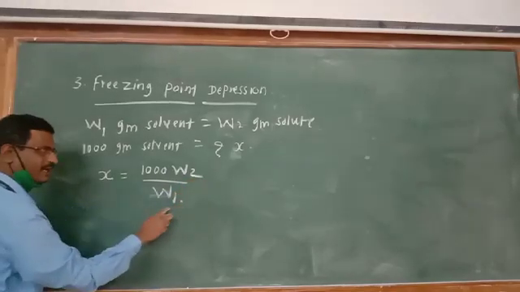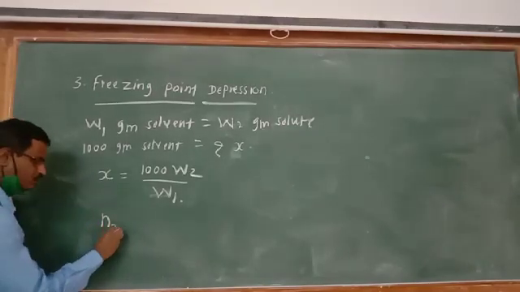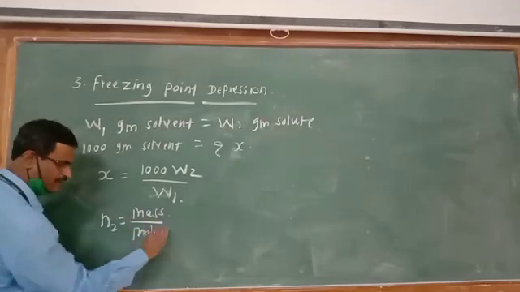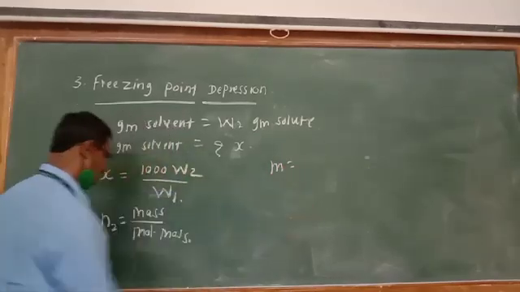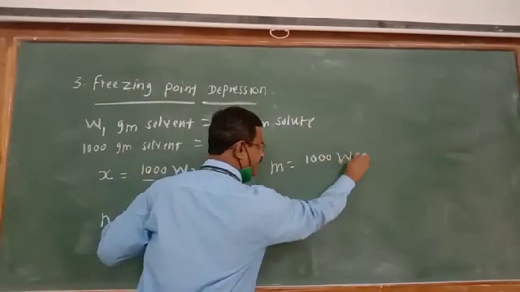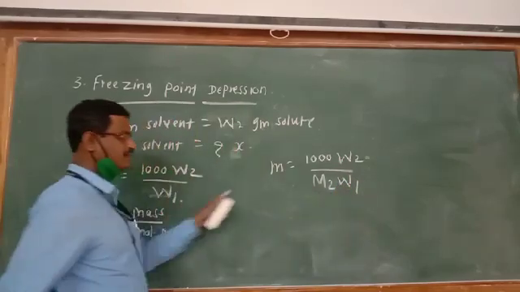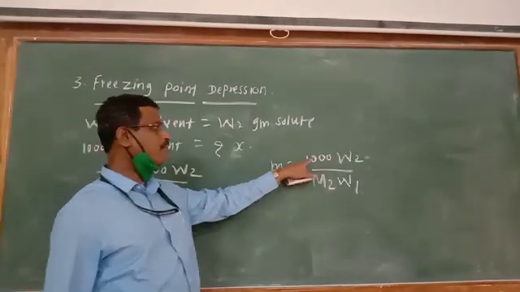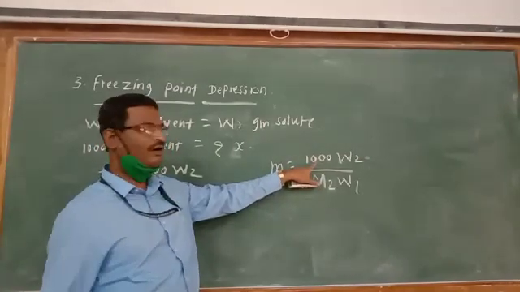And if mass is divided by the molar mass, we will get the number of moles. So N2, number of moles of solute, is the mass of solute divided by molar mass M2. That is termed as molality, because molality is the ratio of number of moles of solute present per 1000 gram of solvent, that is 1 kilogram of the solvent.